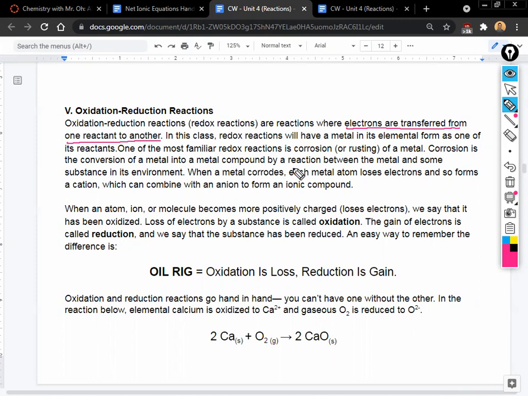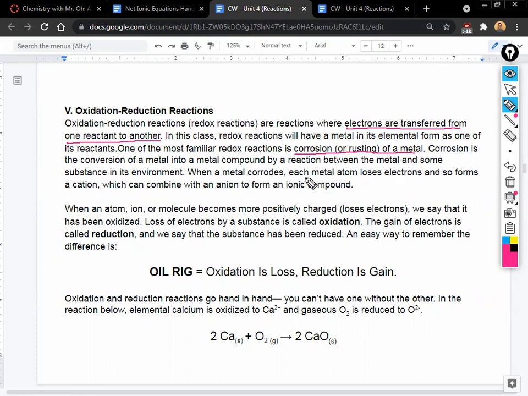In terms of redox reactions in real life, you're probably all familiar with corrosion or rusting, right? A nice shiny piece of metal gets weathered down, gets wet, and starts to rust into that nasty feeling thing that gives you tetanus. That's an example of a redox reaction.